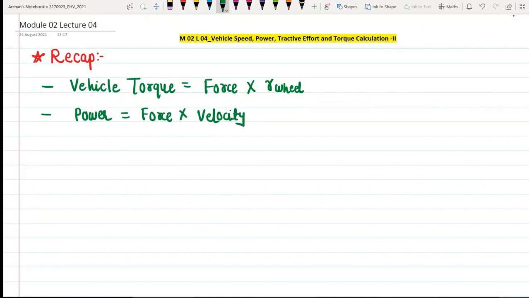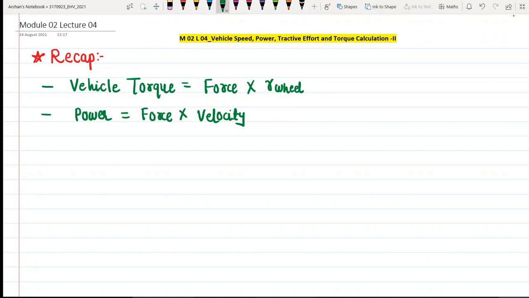Then we were talking about the dynamics of the vehicle. Whenever you want to accelerate a typical vehicle from its rest period, then you need to generate the tractive force, and that tractive force has to overcome certain resistances. So we have gone through the aerodynamic resistance, rolling resistance, uphill resistance.